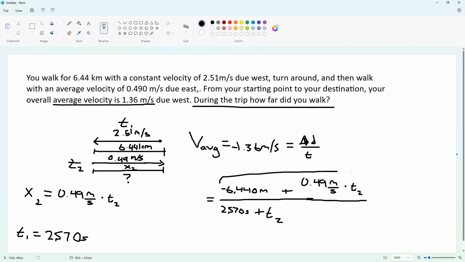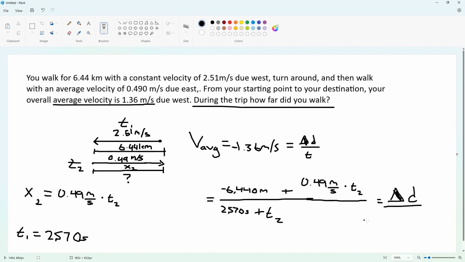What is this right here, this top part? Is it just going to be a displacement? Yes, this is going to be just displacement.